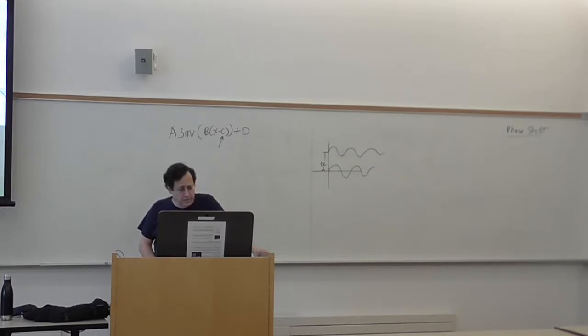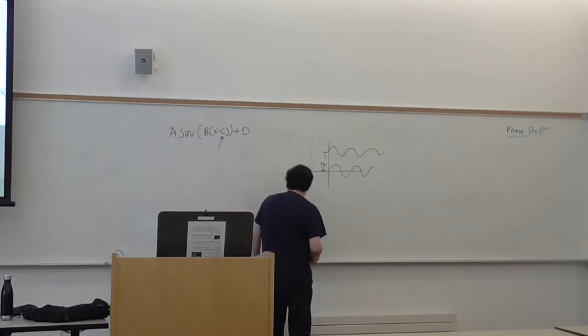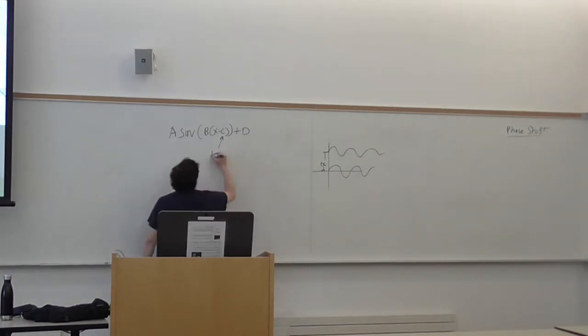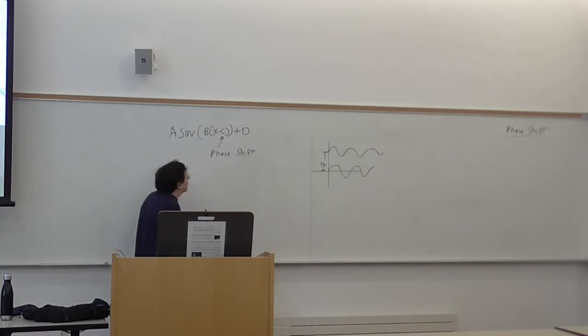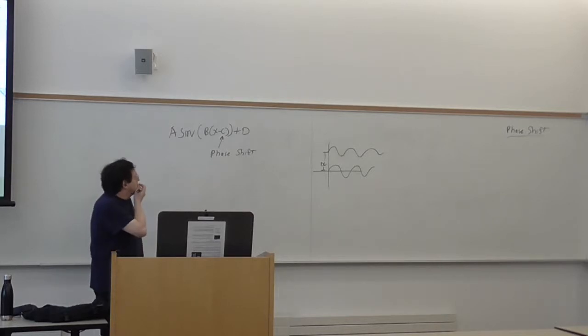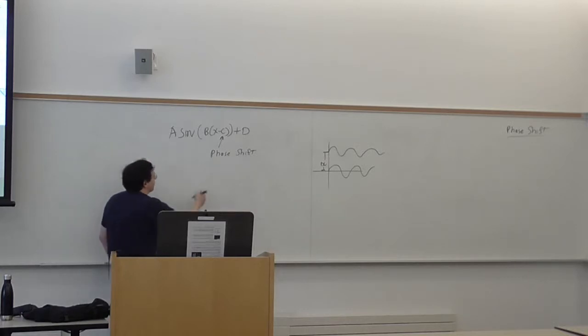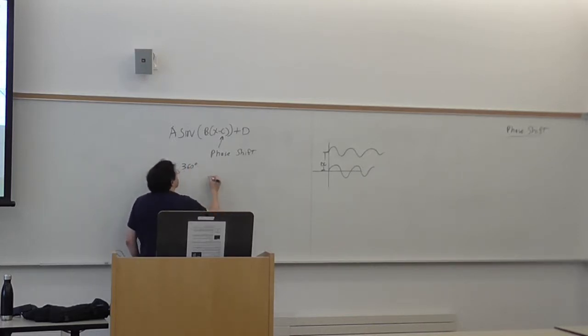So we give this a special name. We call it a phase shift. This is a phase shift. Depending upon the terminology you use, you might refer to this phase shift as 360 degrees times C over the period, whatever that is.